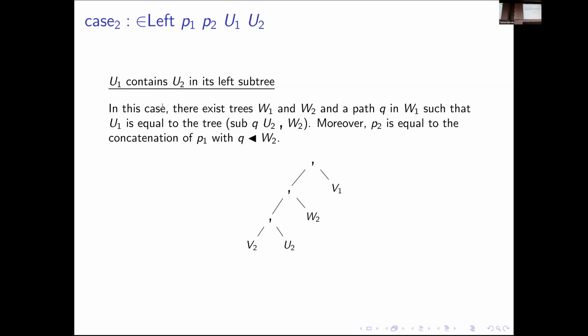W2 is the right subtree of U1, and W1 is the left subtree of U1, but where we replace U2 with a hole.